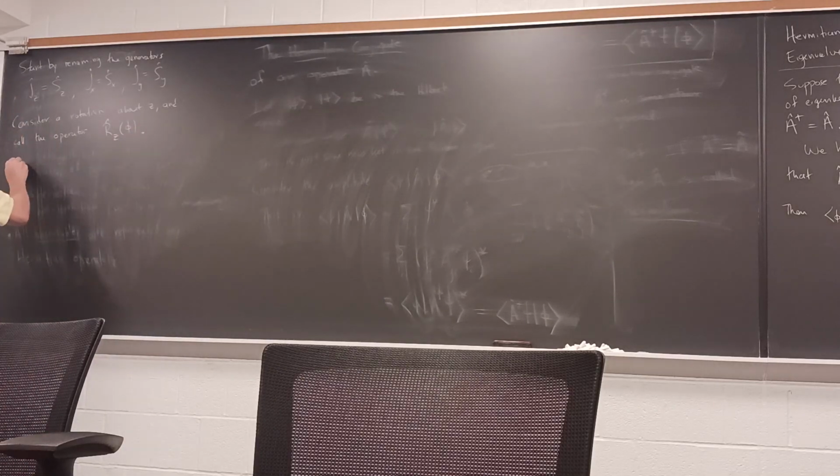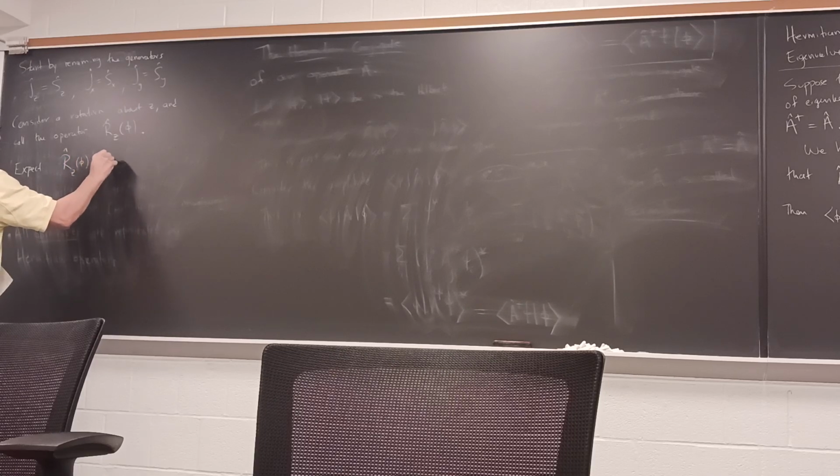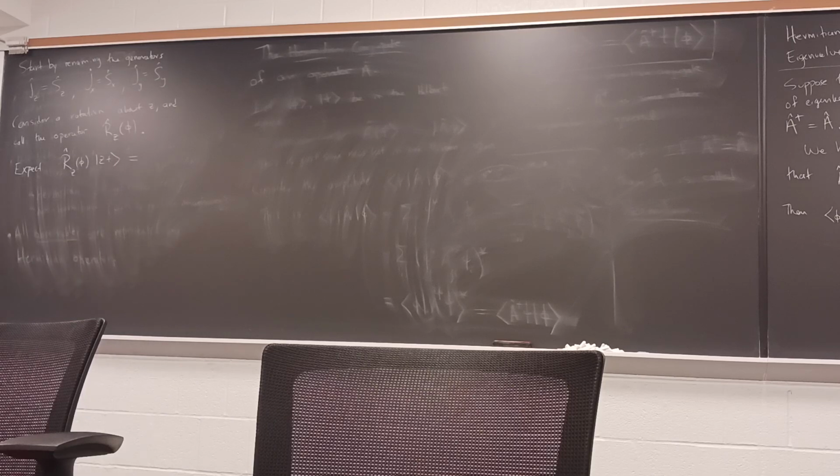Now, we would expect the following. If I let this operator RZ of phi operate on Z plus, what do you think I should get if I just let an operator that rotates about the Z-axis operate on Z plus? What's a good guess of what this might be?